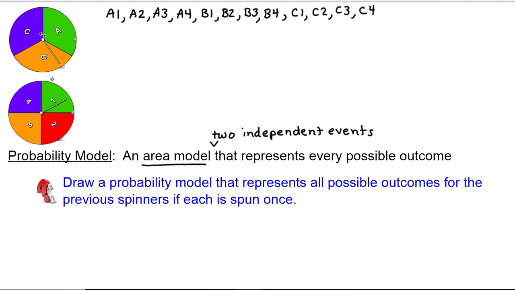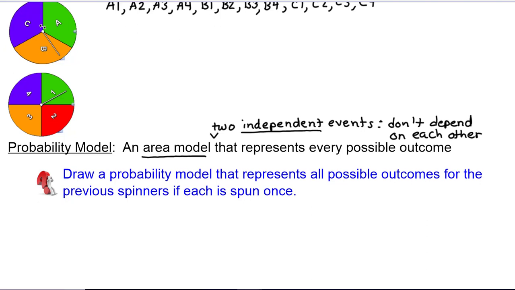If I pull out a blue marble and throw it away, then if I put my hand in that bag a second time, it does depend on what happened the first time. Those are dependent events. These are independent, our easiest ones to deal with. Basically, they don't depend on each other.